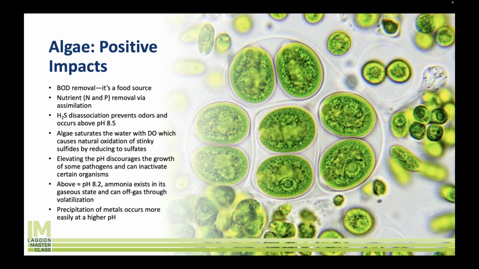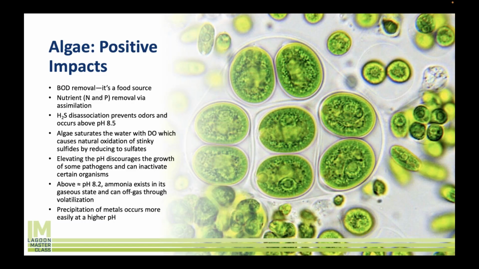It saturates the water with DO, and that DO actually helps to neutralize the H2S that might be building up because of anaerobic digestion on the bottom. So that's really great, right? We don't want a stinky lagoon. It discourages the growth of certain types of pathogens, so it actually has a disinfecting effect to an extent, and it will precipitate metals. So all these things are really important.